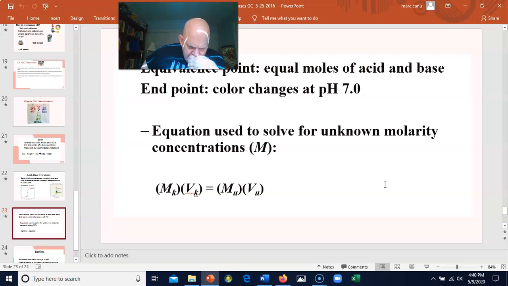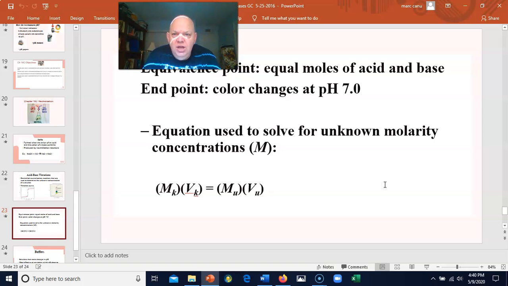Let me explain. Think back. Earlier in the chapter, we talked about strong acid, weak acid, strong base, weak base. Remember? And we were not talking about how concentrated they were. We were talking about how well did they dissolve in water. Okay?